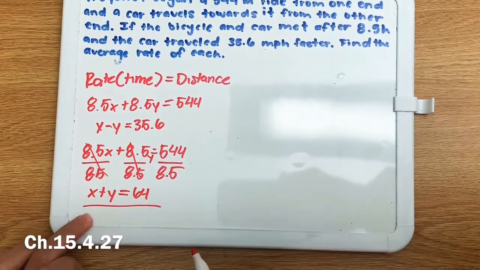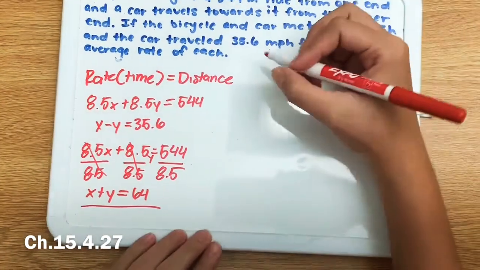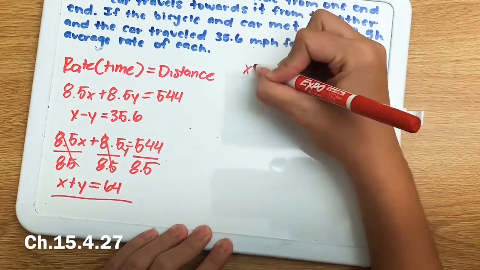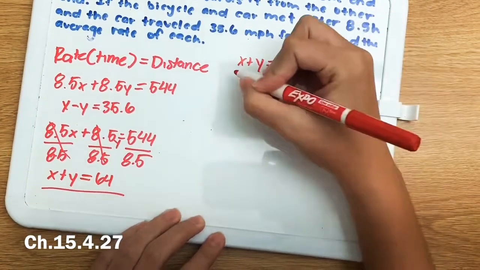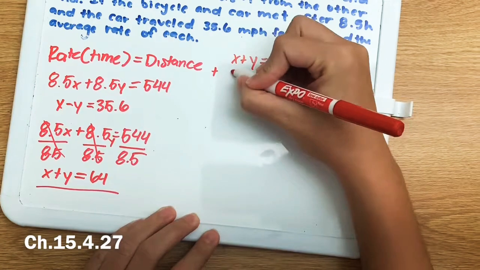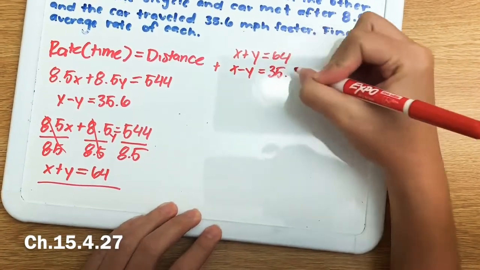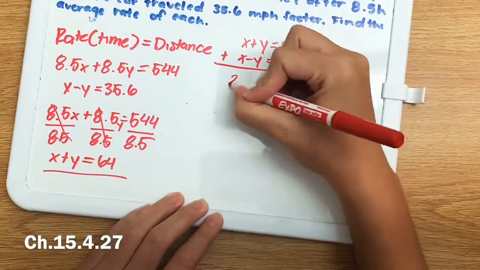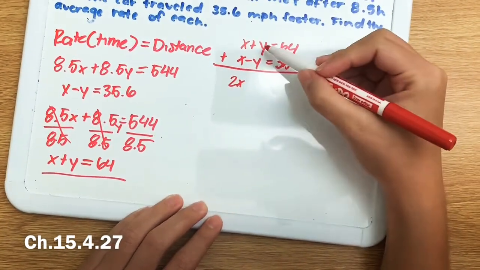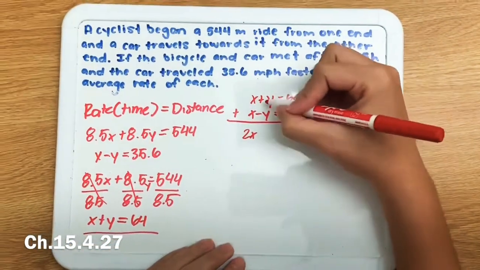So now we're going to take our new first equation and add it into the second equation. So that'll give you x plus y equals 64 plus x minus y equals 35.6. You add that up, x plus x gives you 2x. And because positive y and negative y have the same coefficient but different sign, they cancel out.